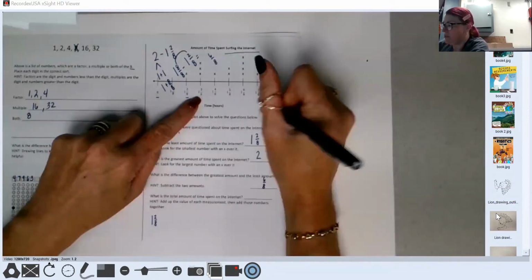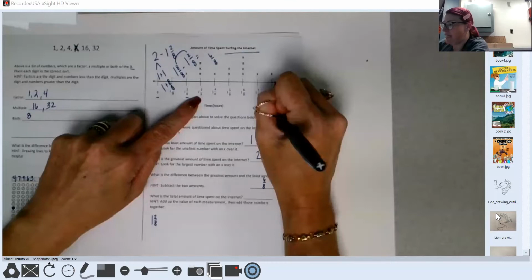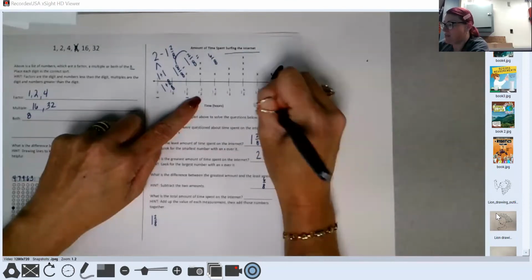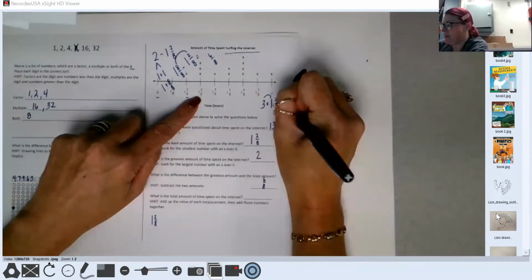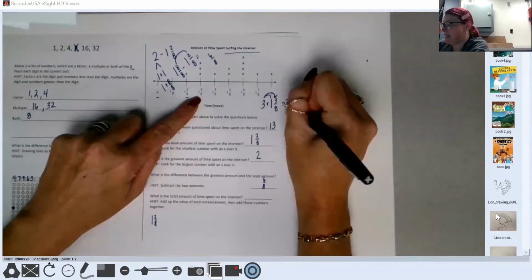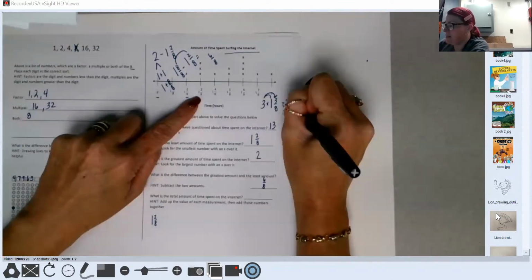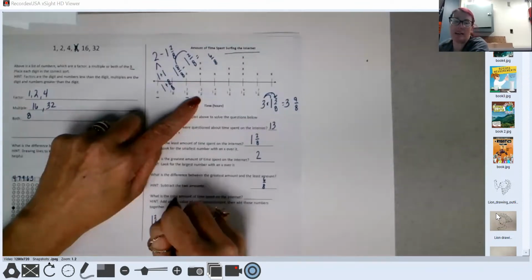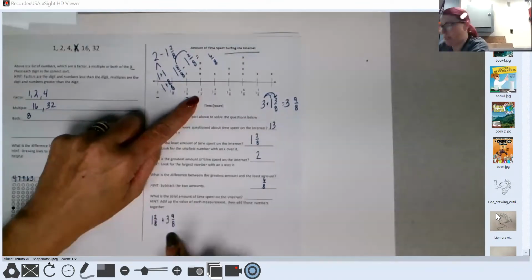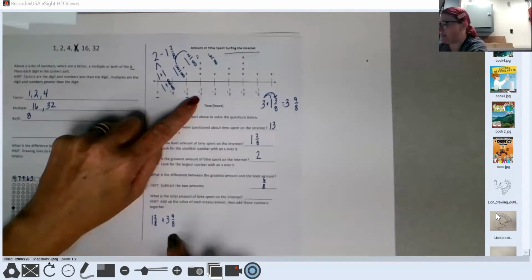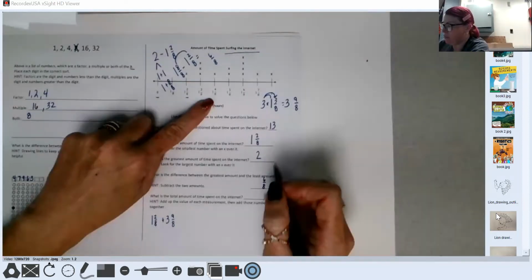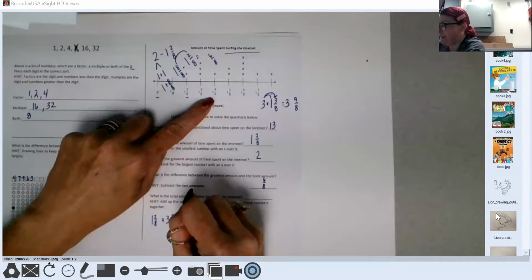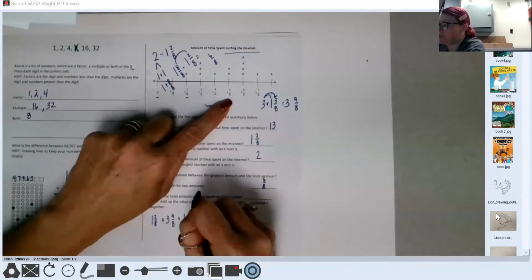So that's 3 times 1 and 3/8. 3 times 1 is 3. Then 3 times 3 is 9/8. So plus 3 and 9/8. And I can leave that as an improper mixed number right now until I get to the end. Plus 1 and 4/8. Plus, I have 2 and 5/8.